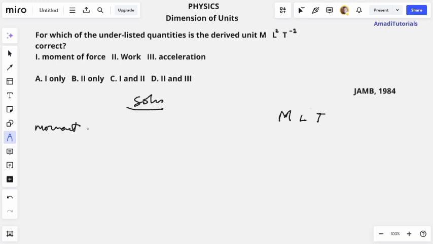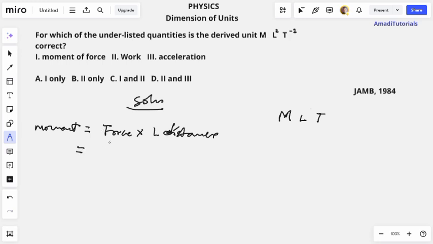Moment of force is defined as the product of force times what? Perpendicular distance from line of action. So that's the definition of moment of a force.